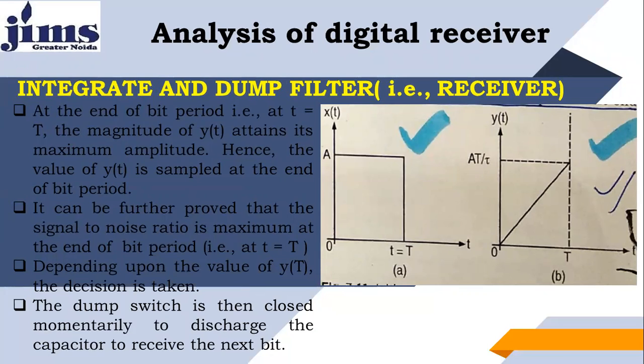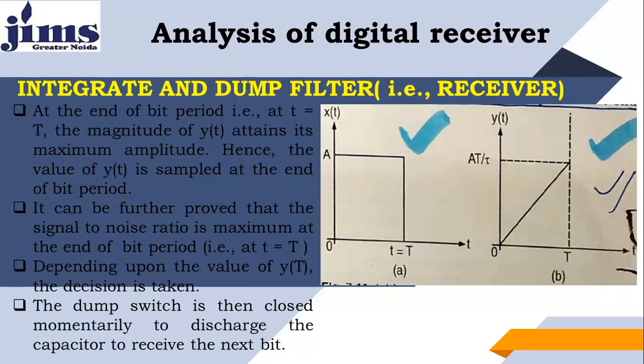So the dump switch is closed momentarily to discharge the capacitor to receive the next bit. The next bit is received when the capacitor is fully discharged, so that the decision depends solely on the present voltage, and is unaffected by the previous voltage, right?